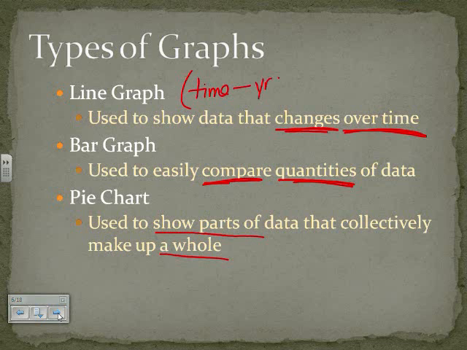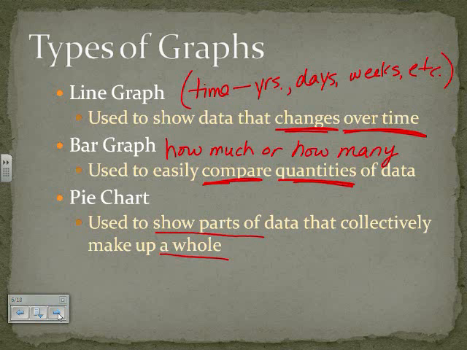We're talking about years, days, weeks, seconds, months, minutes, all right? A bar graph is really talking about how much or how many there are. And a pie chart is talking about a percent or a fraction, a portion of it.